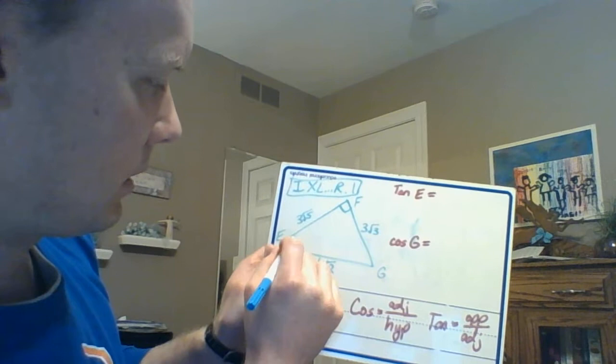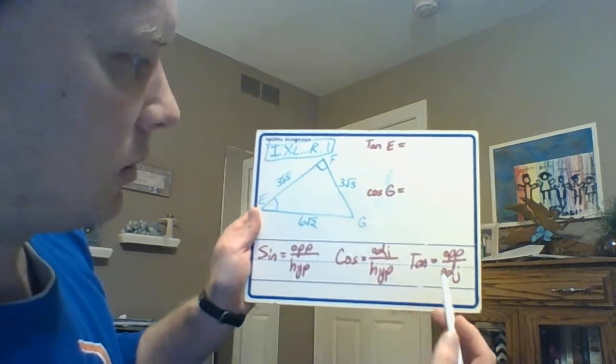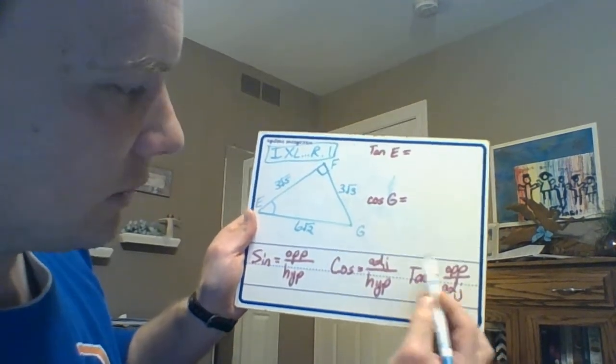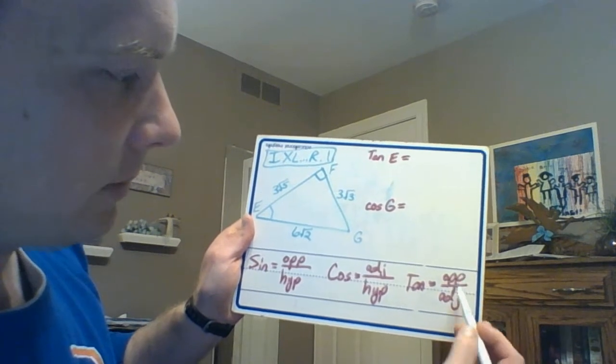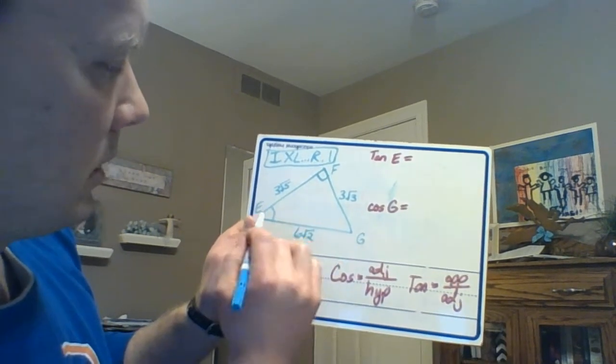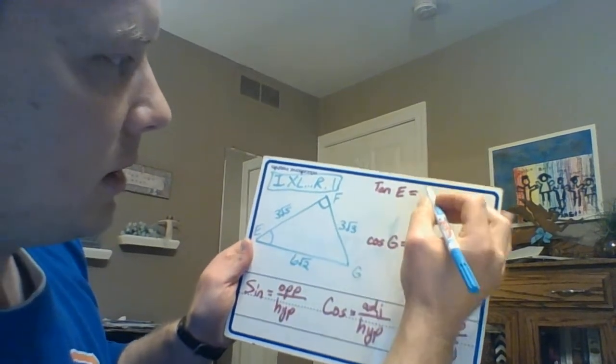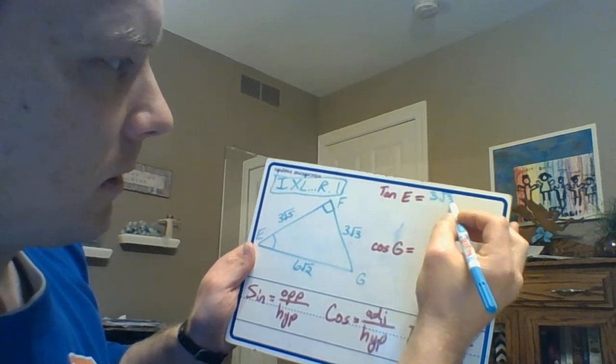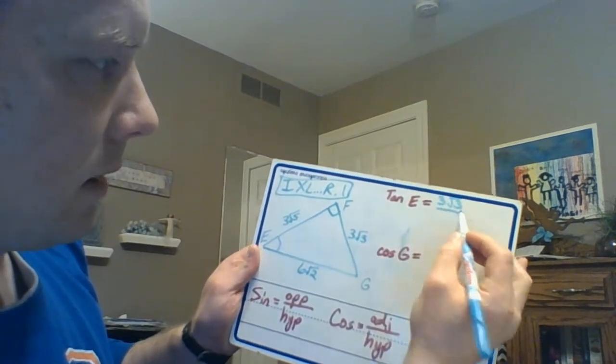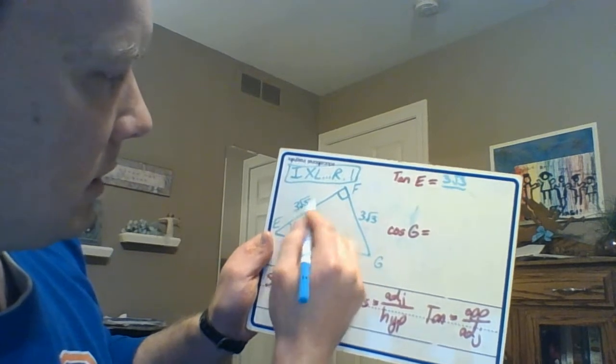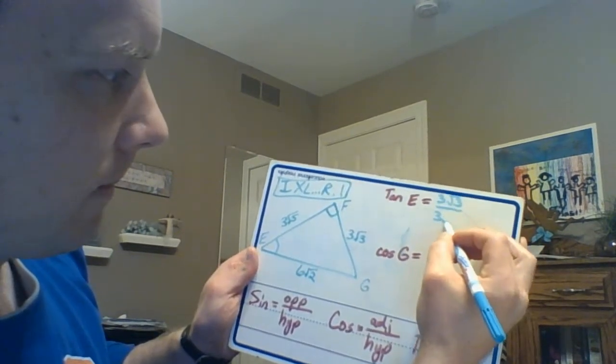You focus on the angle, E, and then you look at the definition of tangent, which is always the opposite side over the adjacent side. The opposite side here is going to be 3 square root 3, and the adjacent side is going to be this side here, the 3 square root 5.